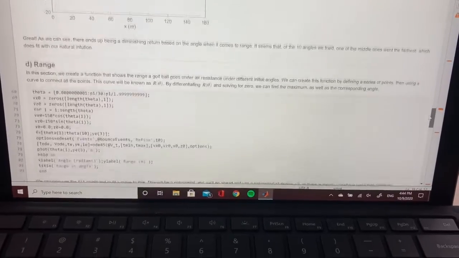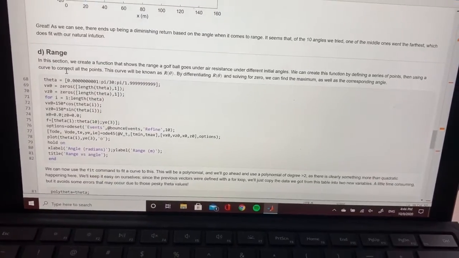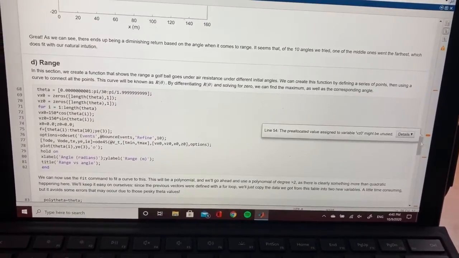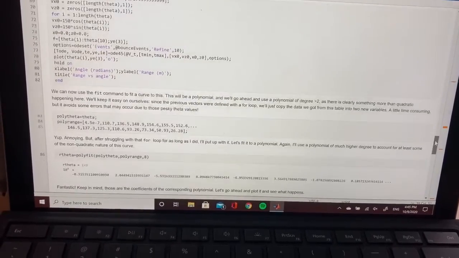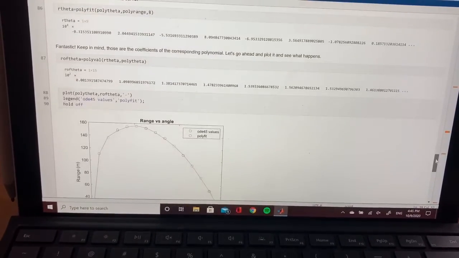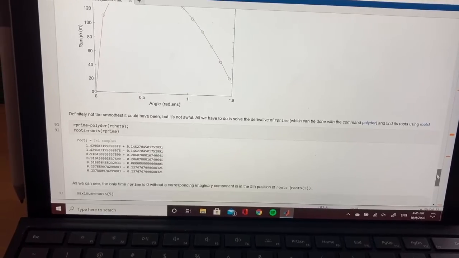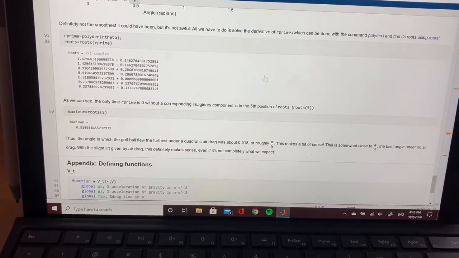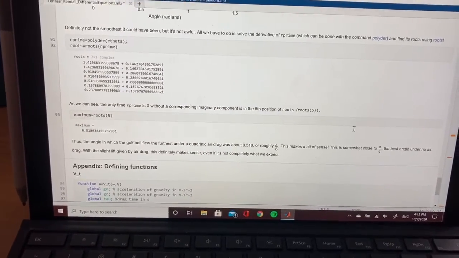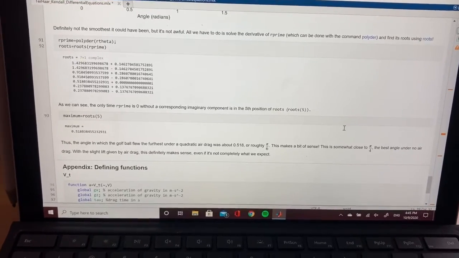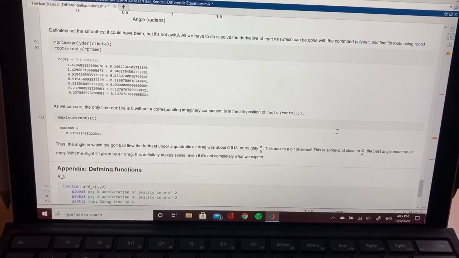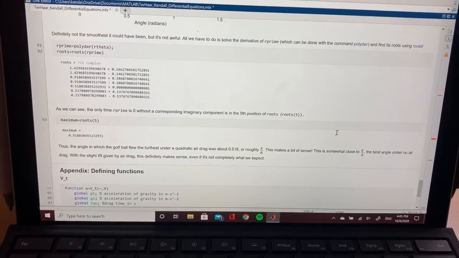And the last thing we were asked to do is find a function for the range, and from that, we could find out what the best angle to throw something at would be. So you might already know that the best angle to throw something at in a non-air-drag medium would be 45 degrees.